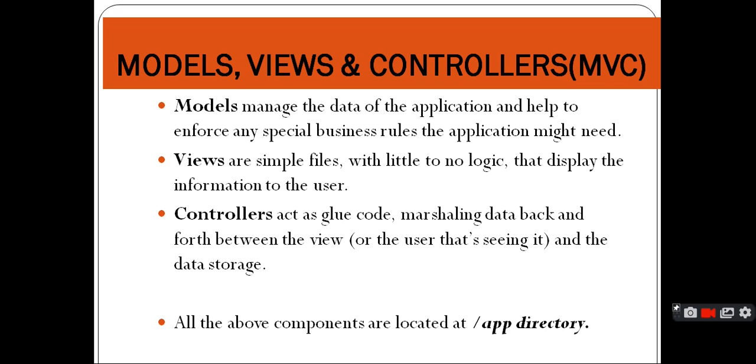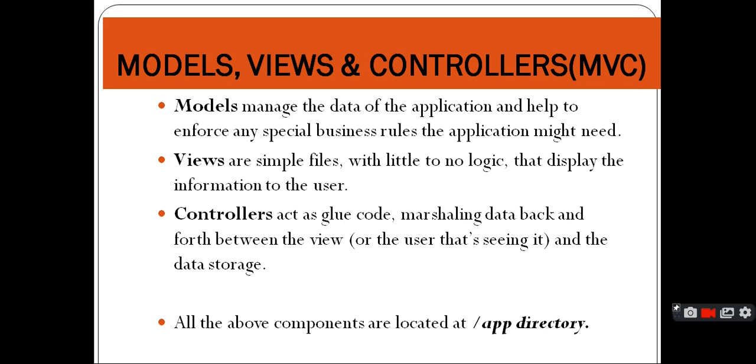Views are very simple files and hold very little logic code. That means almost all HTML with a little bit of small PHP code. And the controller, in one word, we can call a traffic cop. All these components are located in the app directory.